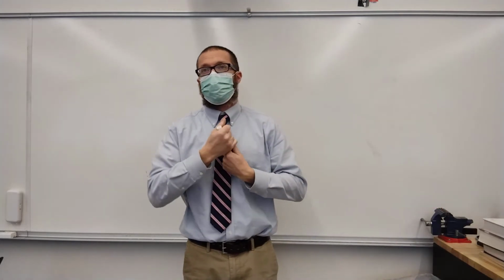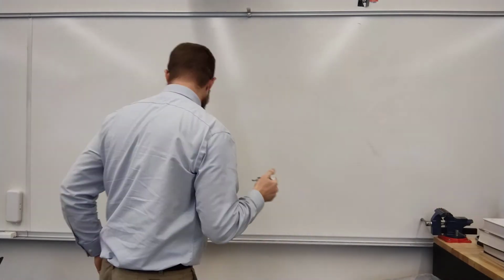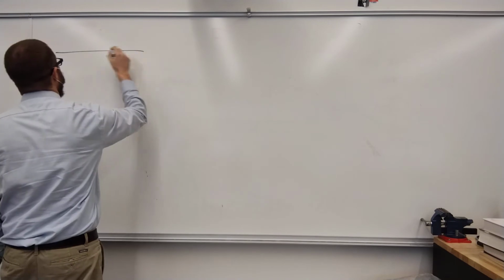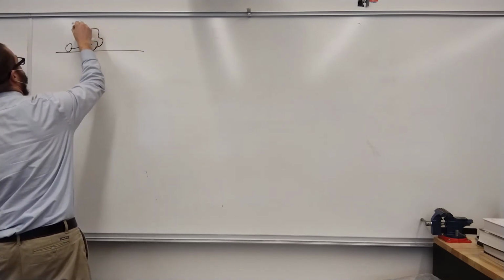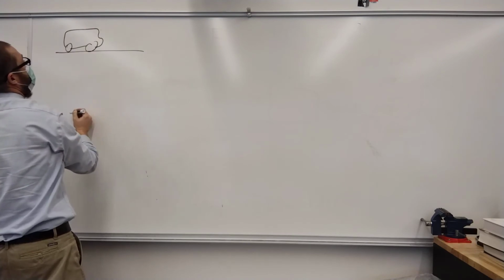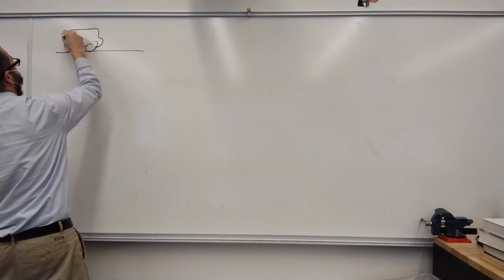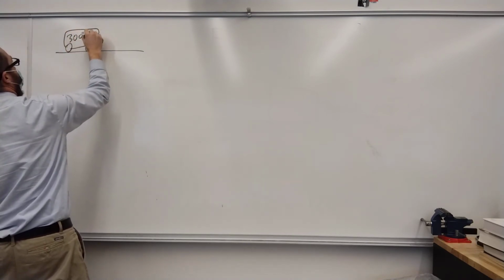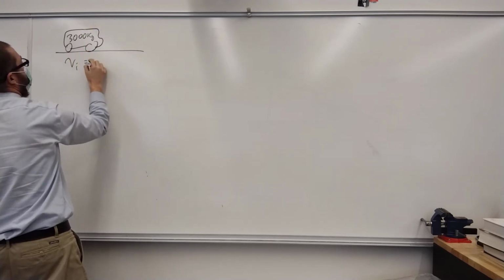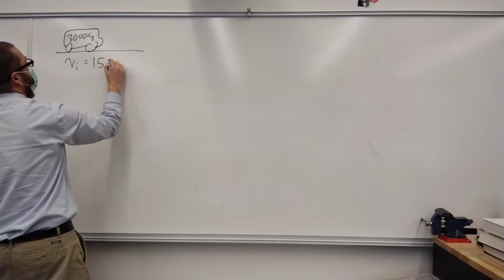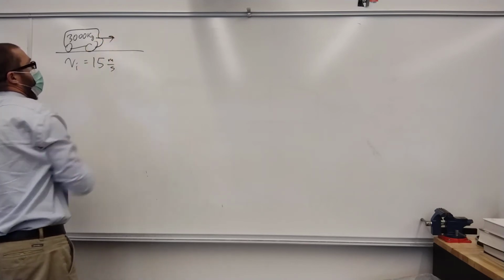All right, so the example is we have, let's say it's a little bit bigger of a vehicle, maybe a van or something, right? Let's say its mass is 3,000 kilograms. Its v initial, let's say, is 15 meters per second, so it's going this way.